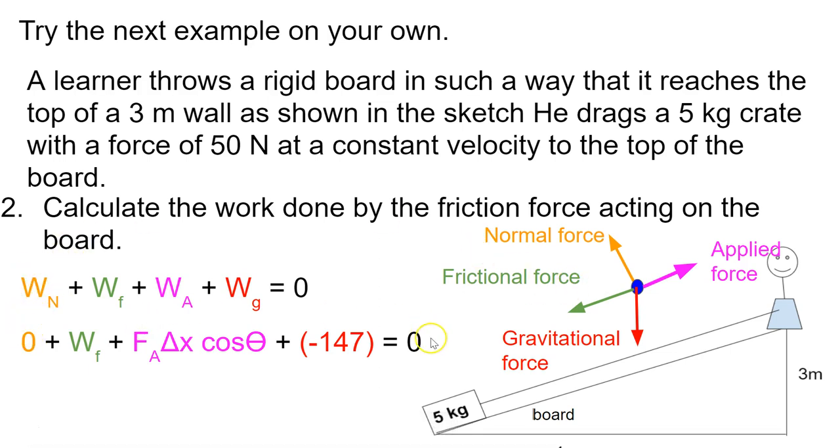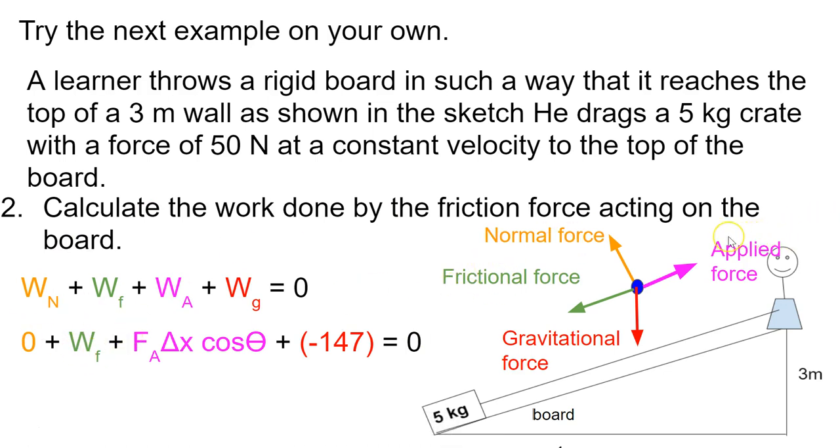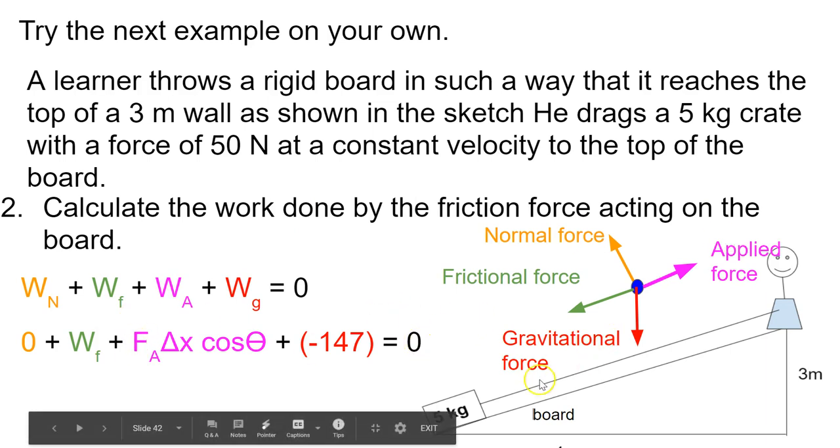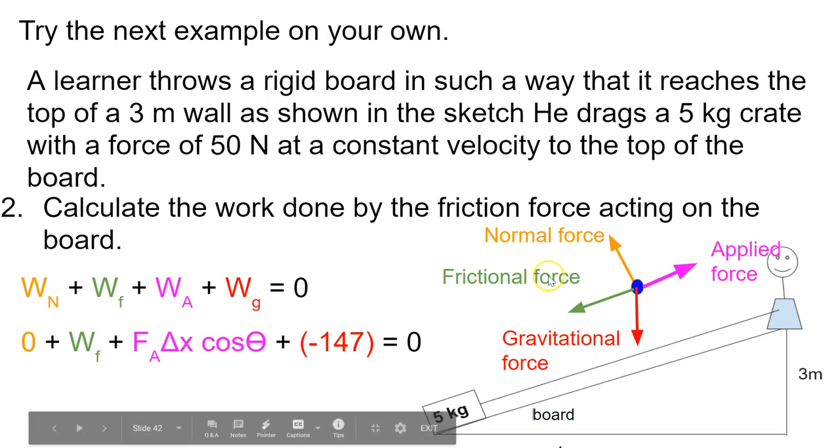The work done by the frictional force, that's the one we need to calculate. Then I know the work done by the applied force is going to be my applied force times the distance that this thing is moving, times cos of the angle between the force and the direction. But now you can see the force is in the direction of motion, so that angle is going to be 0. And the work done by the gravitational force I calculated in the previous sum.